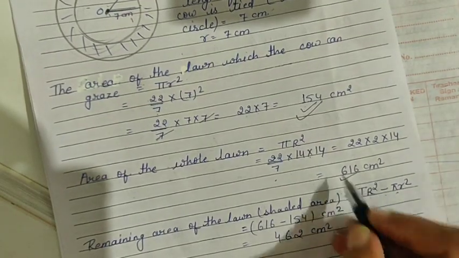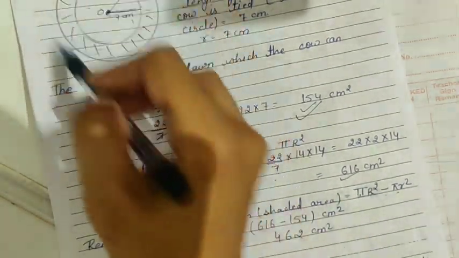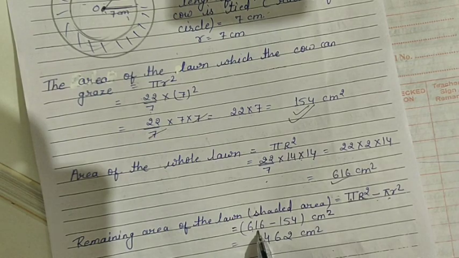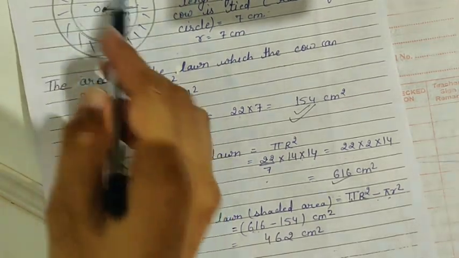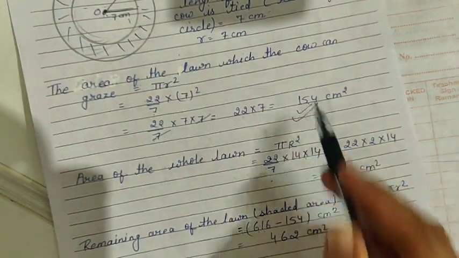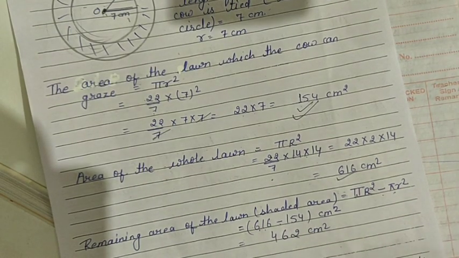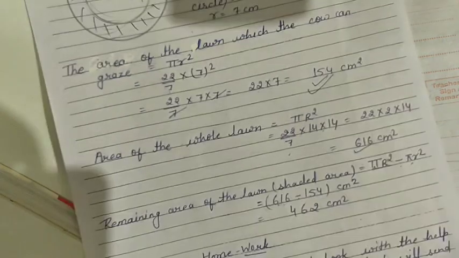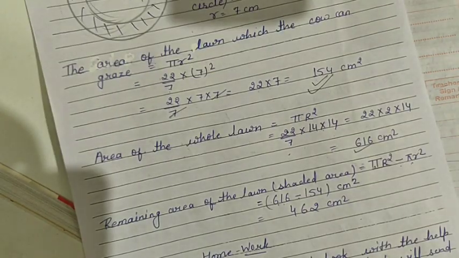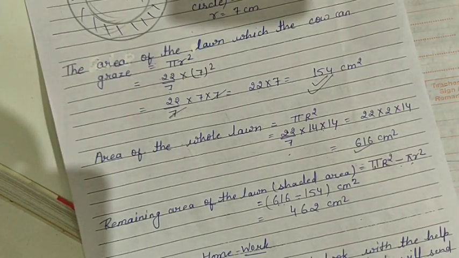The area of whole lawn is 616 minus the area of inner circle, which is 154. So 616 minus 154 centimeter square is equal to 462 centimeter square.